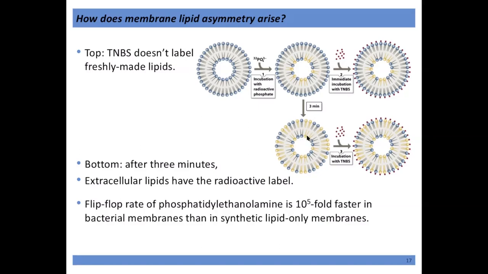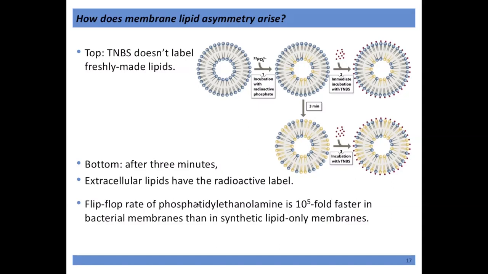If you remember, this transverse movement is actually really, really slow in membranes, because that polar head group has to bury itself within the interior and move to the outside. So this is what's referred to as flipping or flopping.